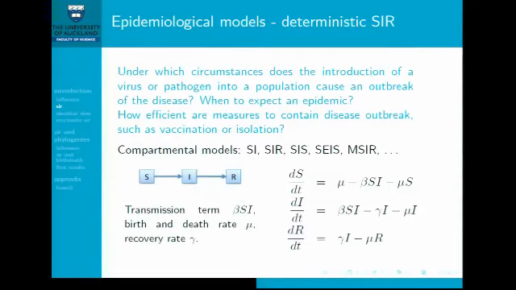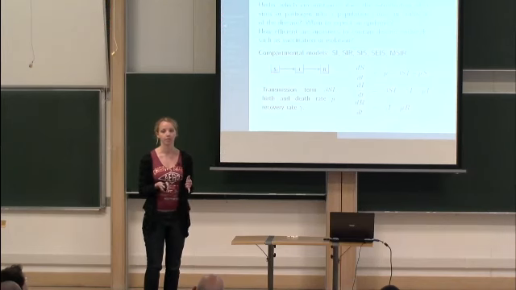So first, for those who are not too familiar with epidemiology, the standard way for epidemiologists to model a disease like influenza would be to put the host into compartments.